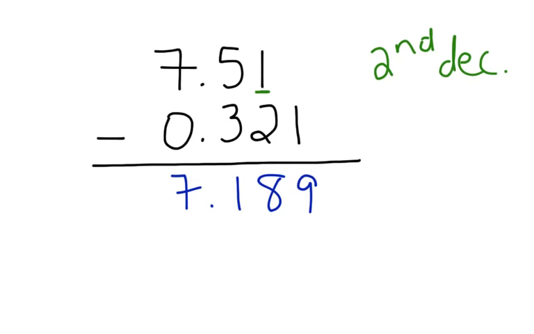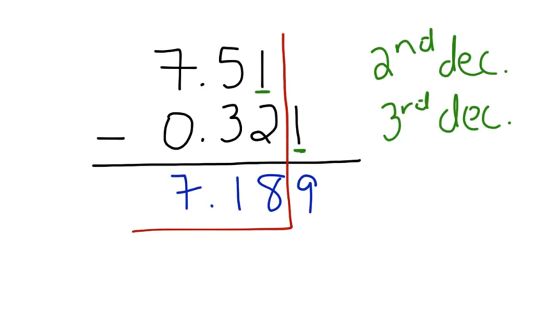In 0.321, its last significant figure is the 1, which is in the third decimal place, or the thousandths place. Okay? So the least significant place is the second decimal place, so our answer gets rounded off there.